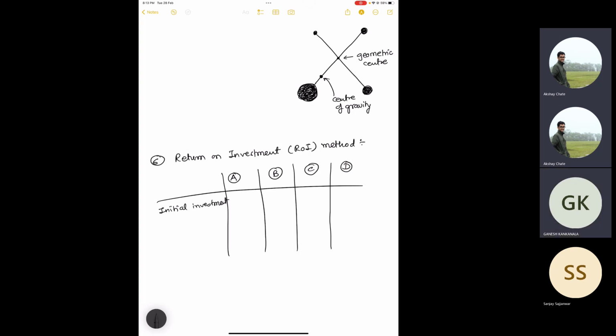Let's say one is in North India, one South, one East, one West. You want to put four factories there. What will be the first thing that you look at?